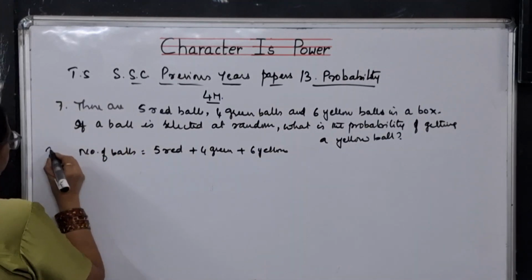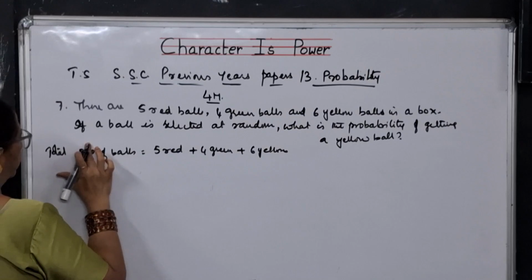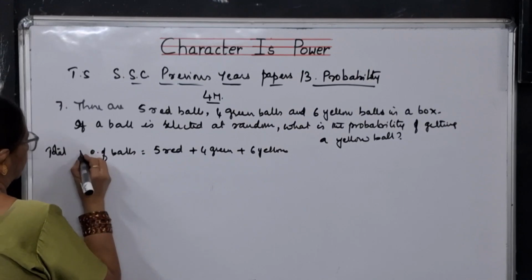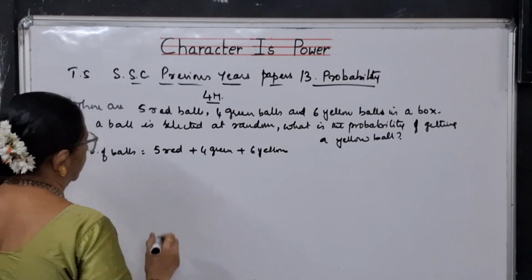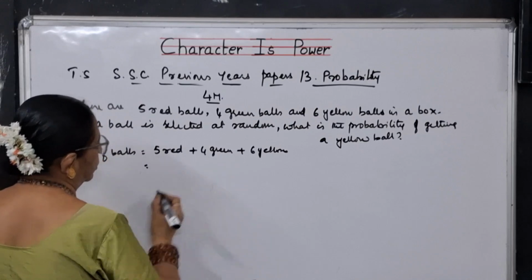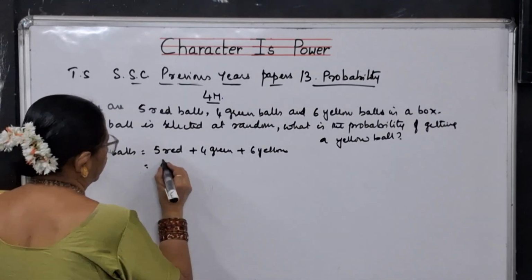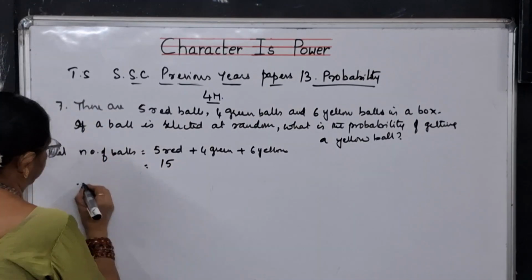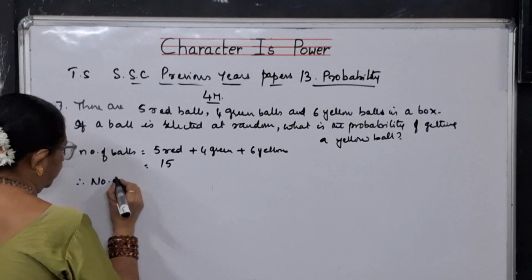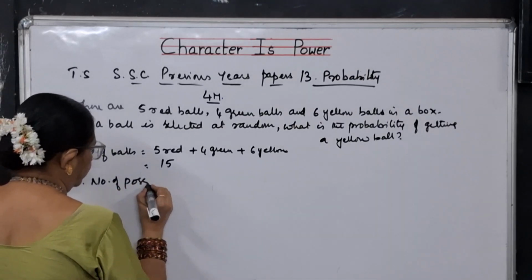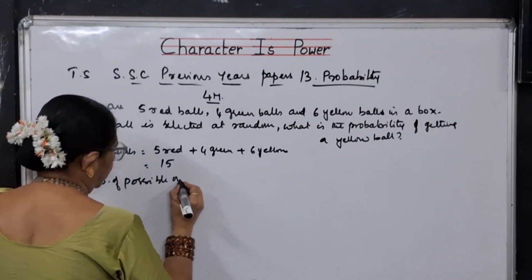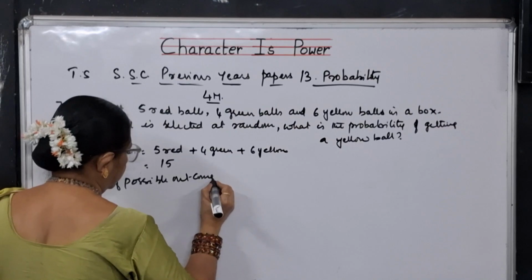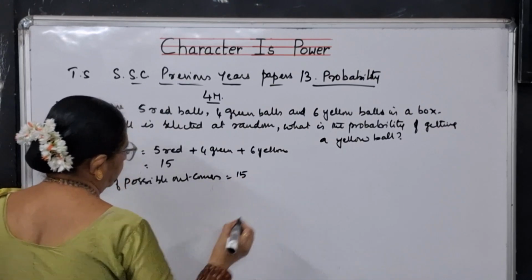So, we will be writing it as the total number of balls. Total number of balls are 5 plus 4 is 9, or 6 plus 4 is 10, plus 5, 15. This means the number of possible outcomes is equal to 15.